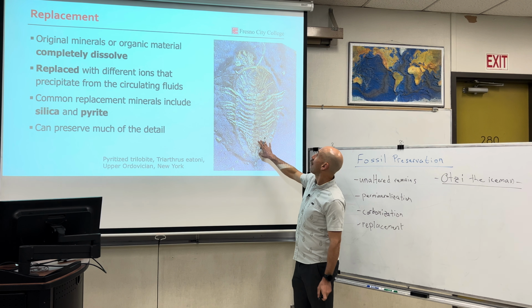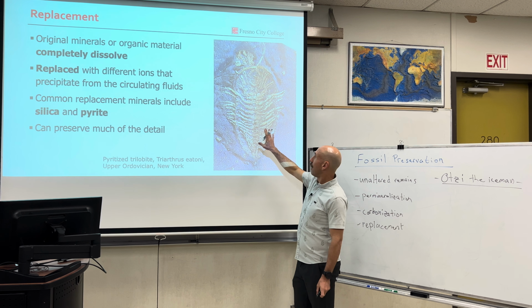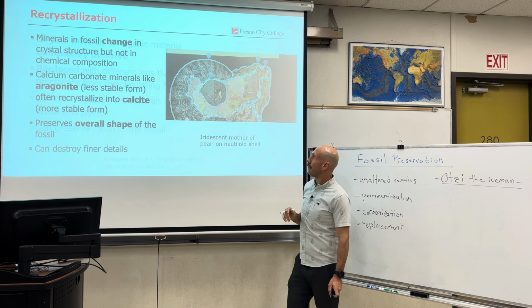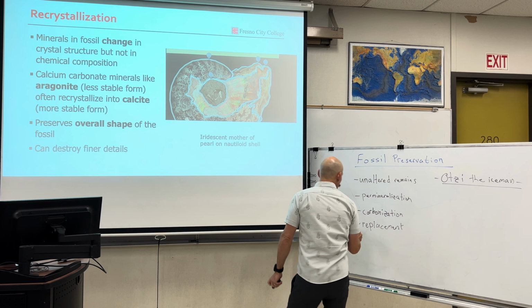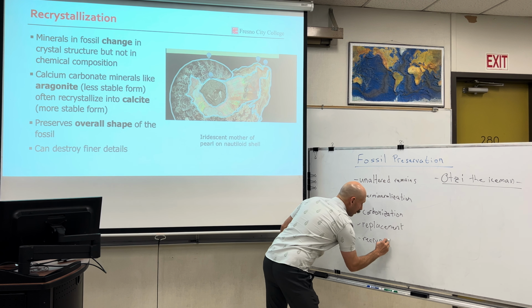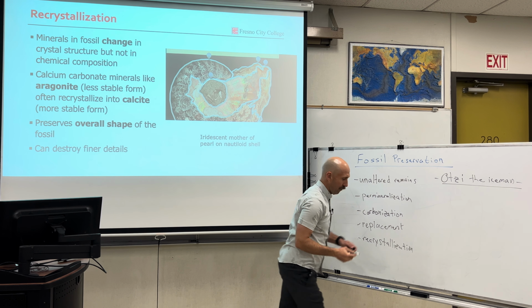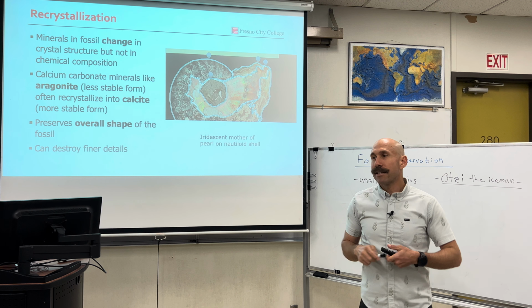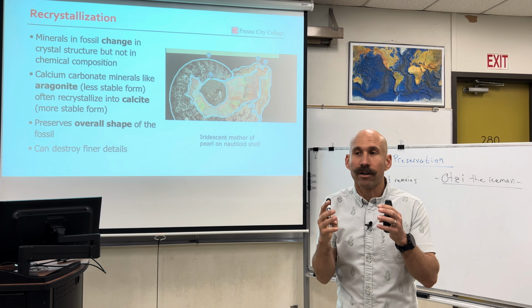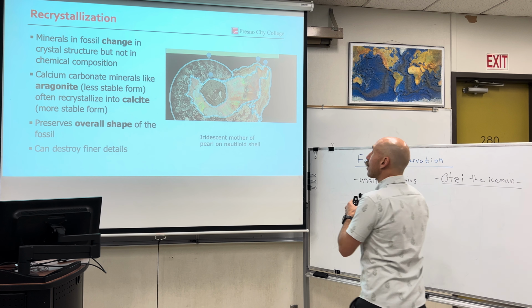These give a lot of detail, as we can see here in this trilobite that has been replaced with the mineral pyrite. Recrystallization is another process where, instead of replacing the minerals, the ions that are already there reorient and recrystallize.